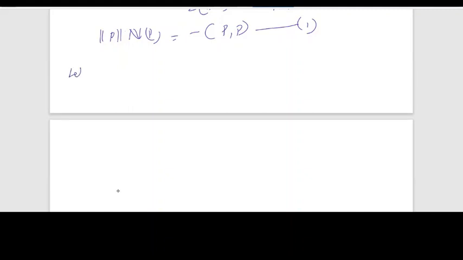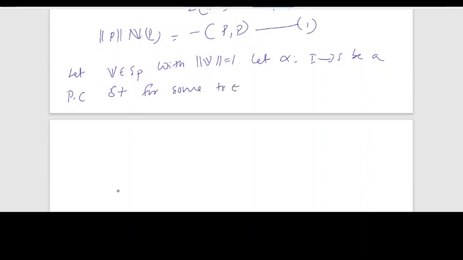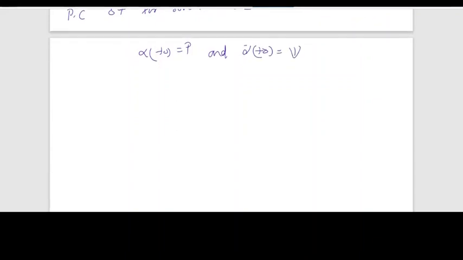Now let v belong to the tangent space at p with norm v equal to 1, and let alpha from I to S be a parameterized curve such that for some t naught in I, alpha of t naught equals p and alpha dot of t naught equals v.